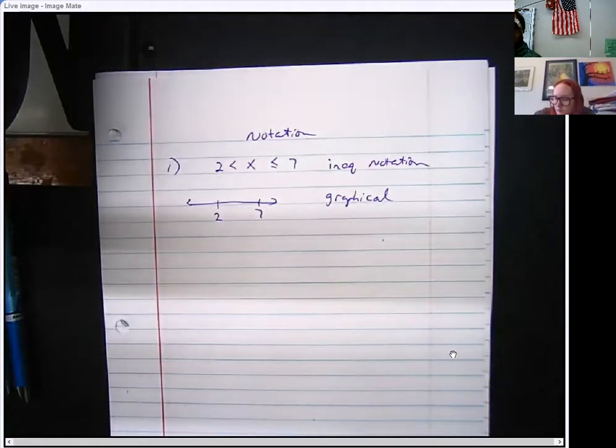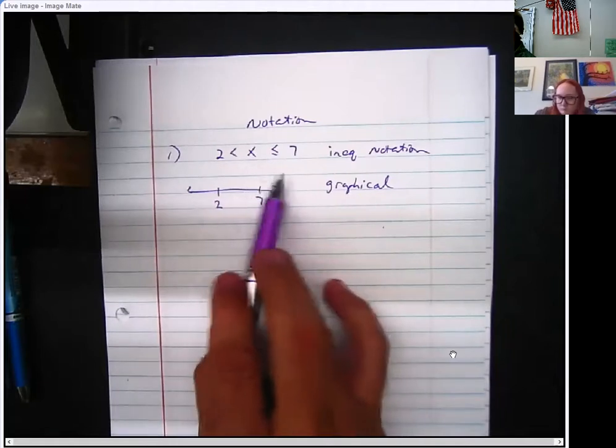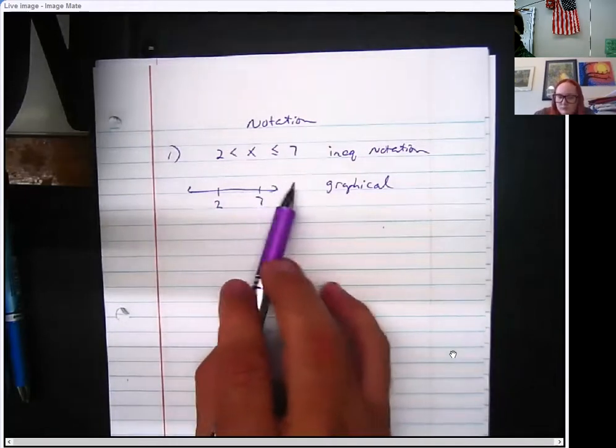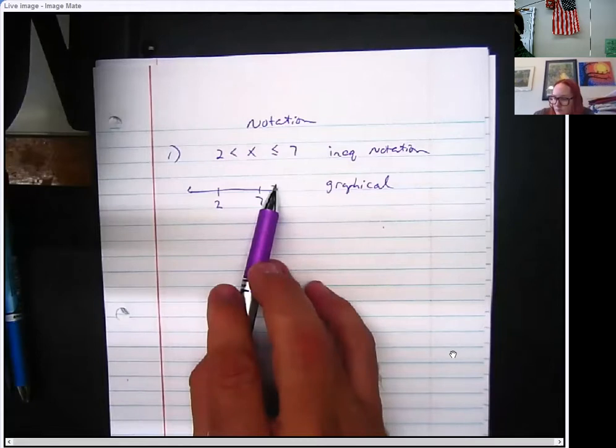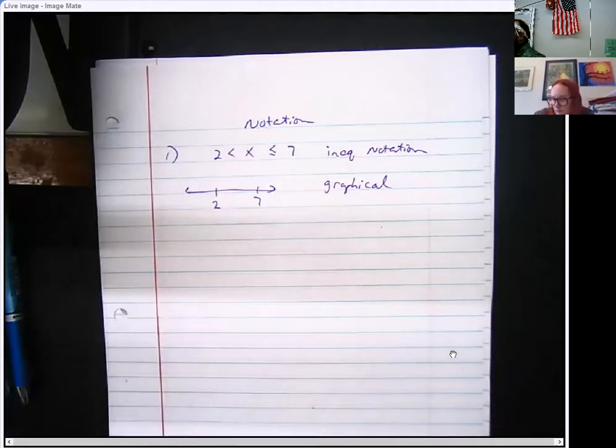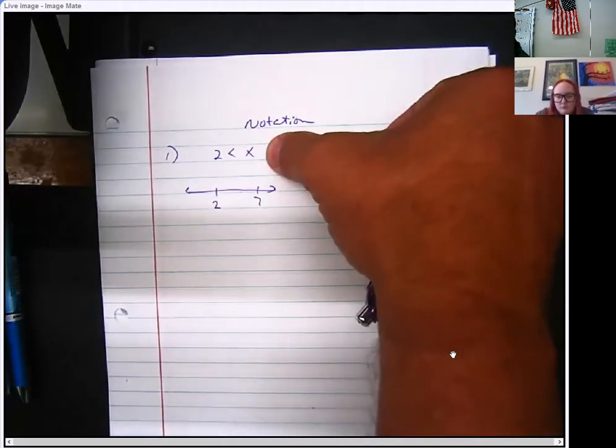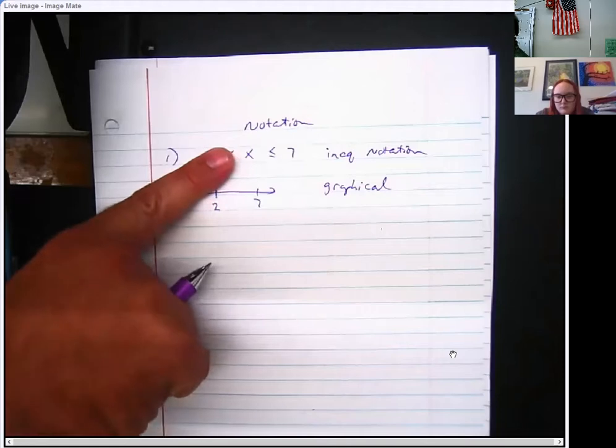Now, can anybody tell me what I should do then? How do I communicate that I want all of these values? Okay, so let me ask you a question. What's a number that satisfies it, that is simultaneously bigger than 2, less than or equal to 7? 3, sure.